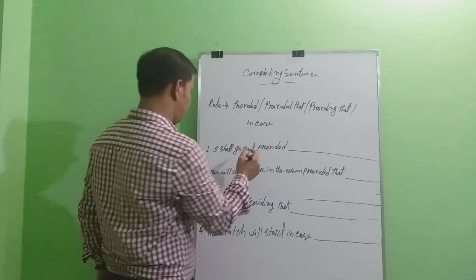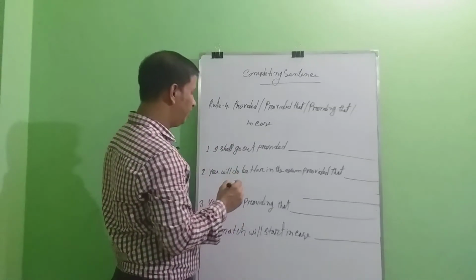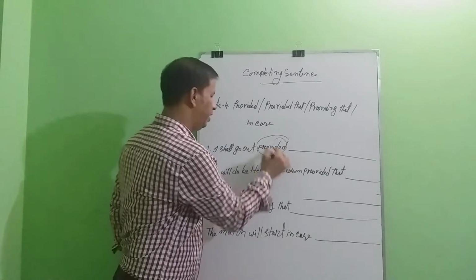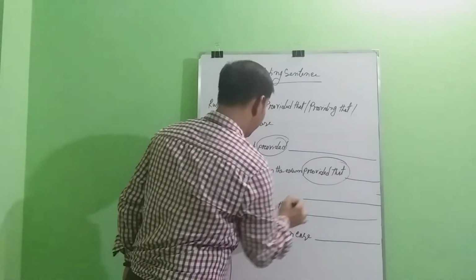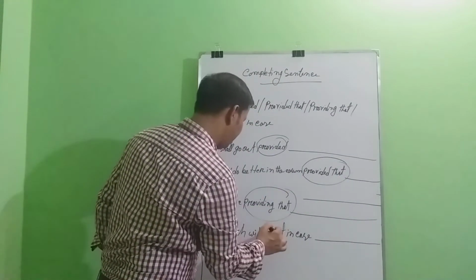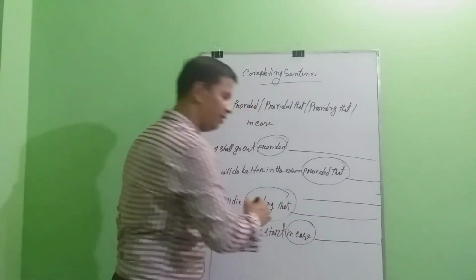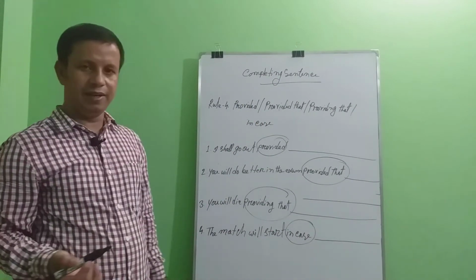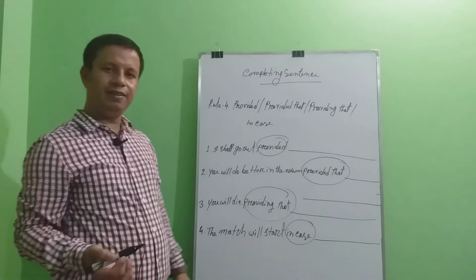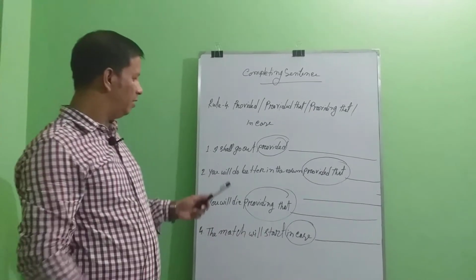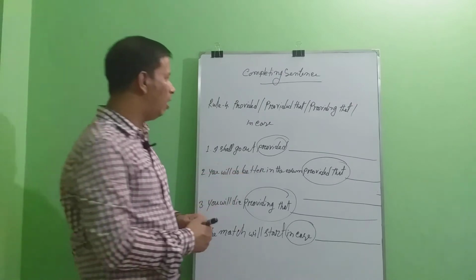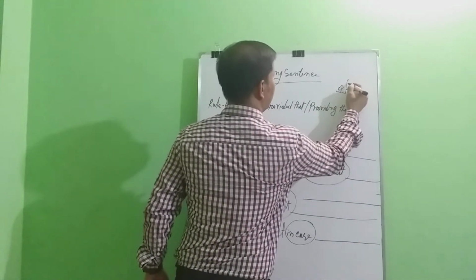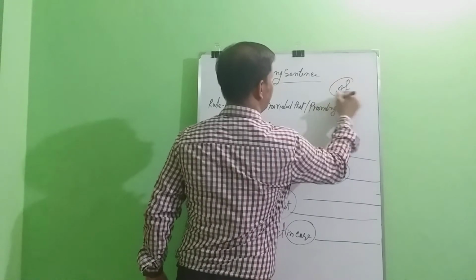sentences. In each and every sentence you can see the 4 words: provided, provided that, providing that, in case, these words give also the same meaning. That is, these words express the meaning of if.